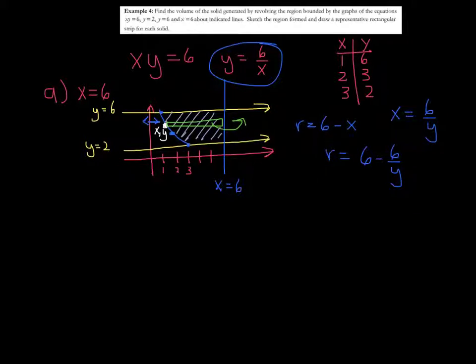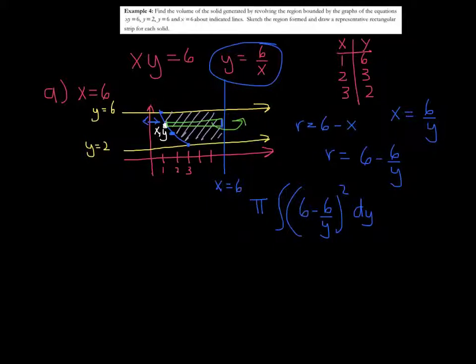At this point we just plug this into our formula. Our integral is going to be pi times the radius squared. The radius is 6 minus 6 over y, squared. dy is the thickness, so I'm outlining that right there. That's the thickness of this cylinder.